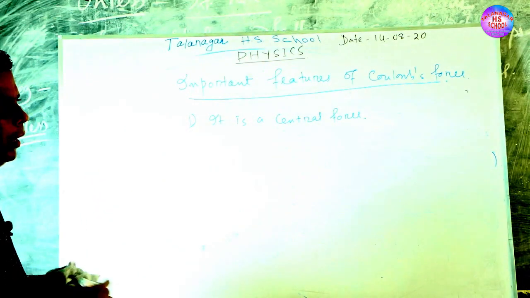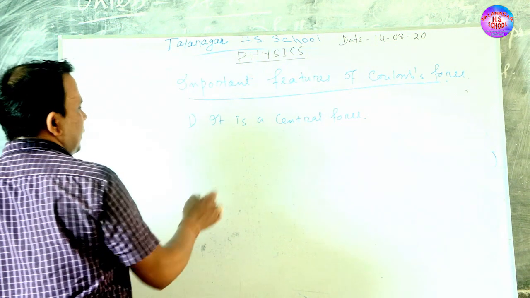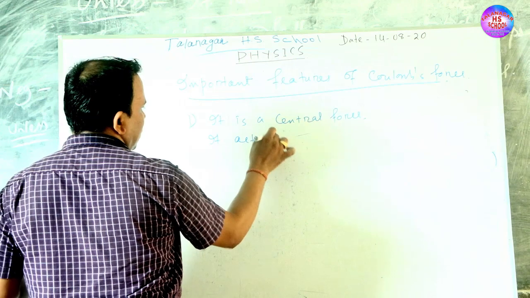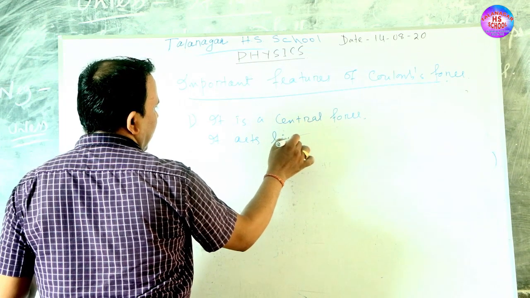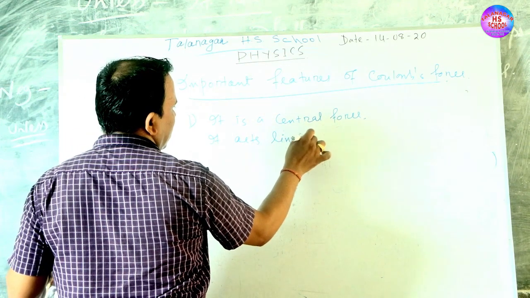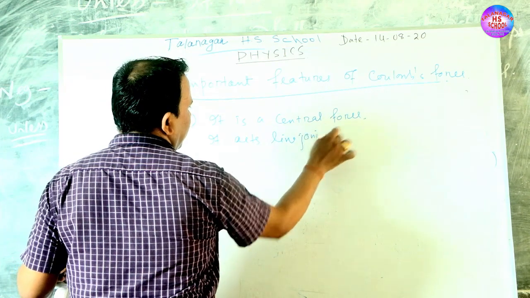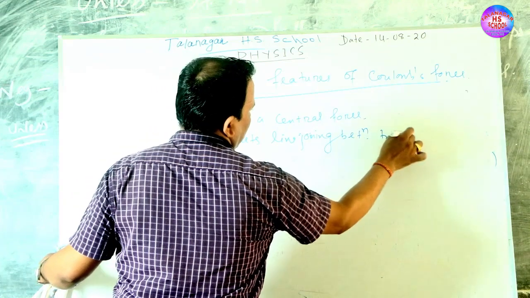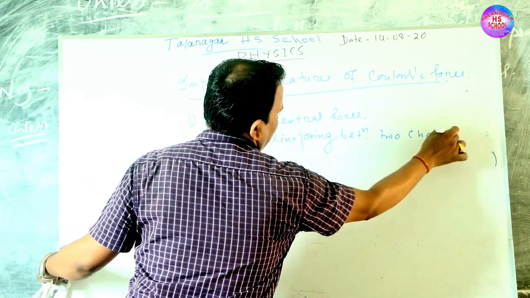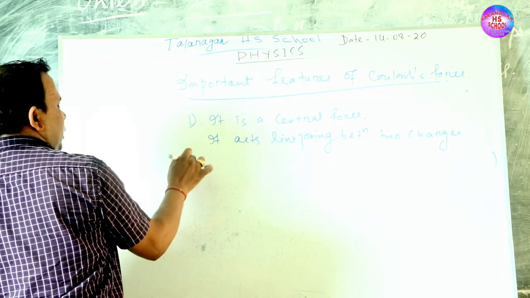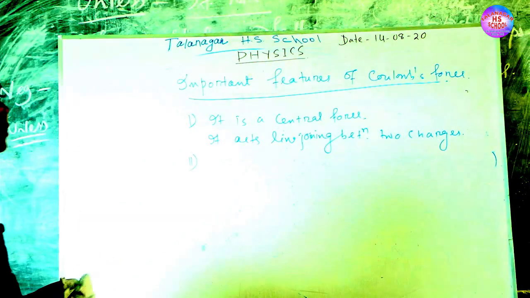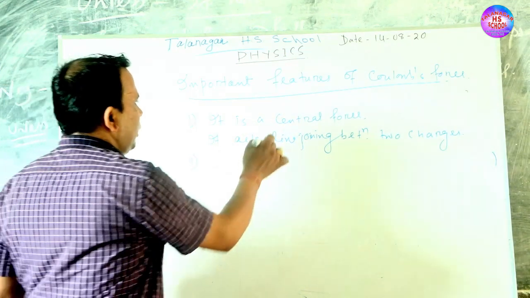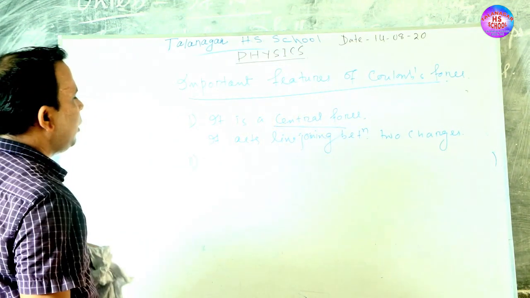It acts along the line joining the two charges. The force depends upon the distance, and the distance is obtained from the line joining the two charges. Therefore it is called a central force.